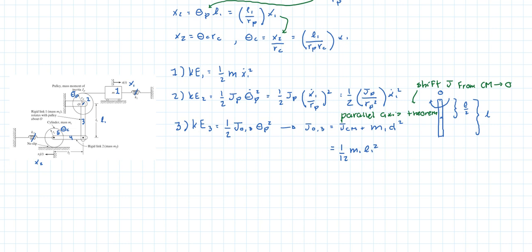That's the moment of inertia of a rod about its center of gravity, plus its mass times d squared, and d is L sub 1 over 2, squared.